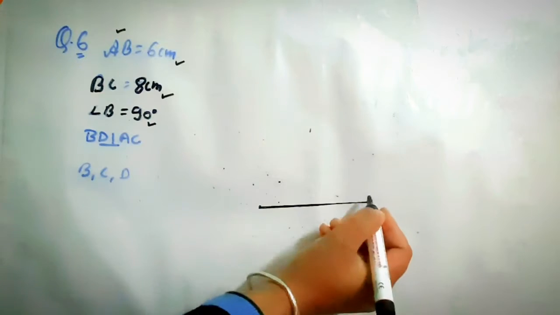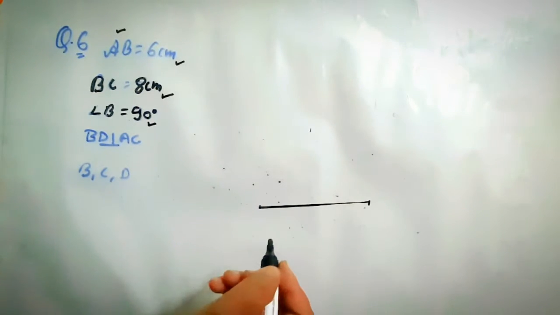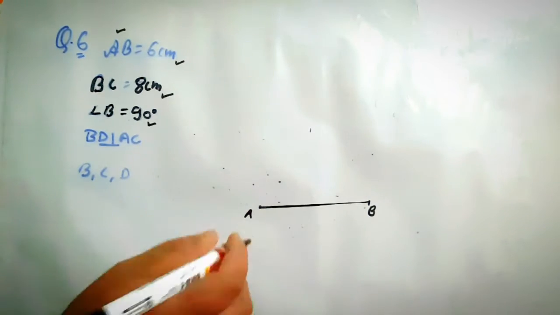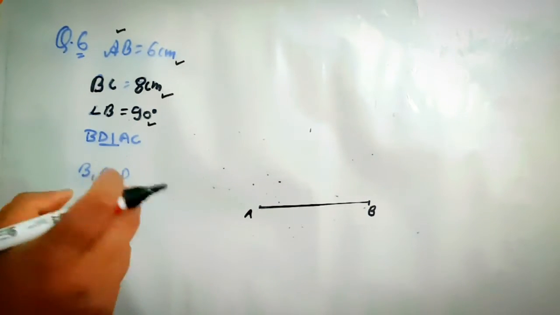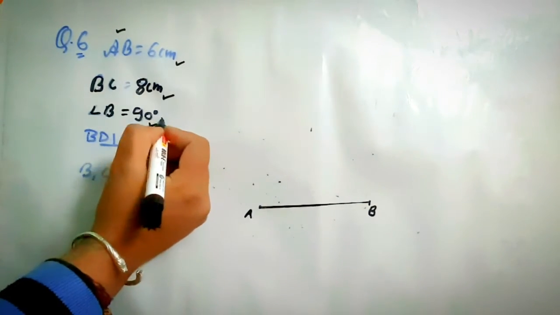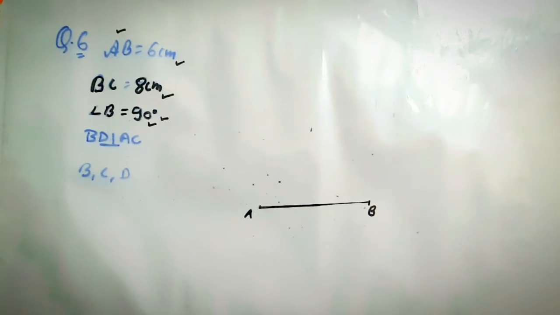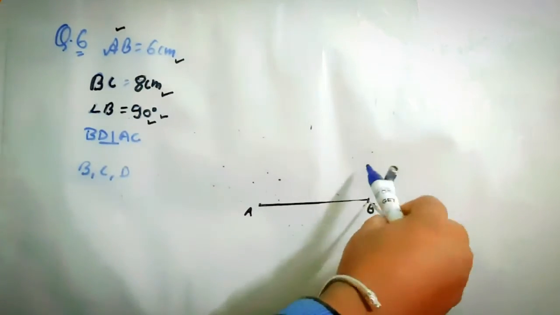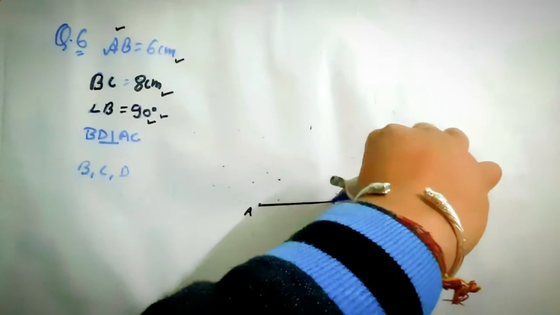What is the next step? You have to draw angle B equals to 90 degrees. So you know how to draw the angle of 90 degrees. First of all, draw a semicircle at B, taking B as the center.